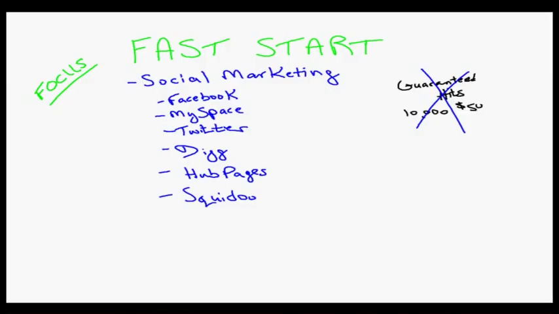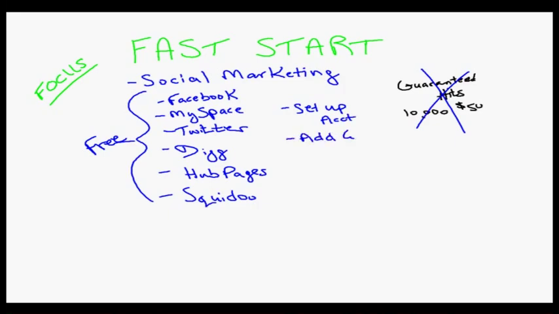One of the common elements of all of these is this: they're free. Free is a good thing. So these are all free, and in case you've never been to one, what you do is you go to any of these and set up an account, and then you can add content.